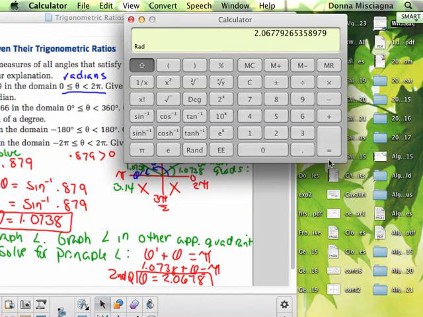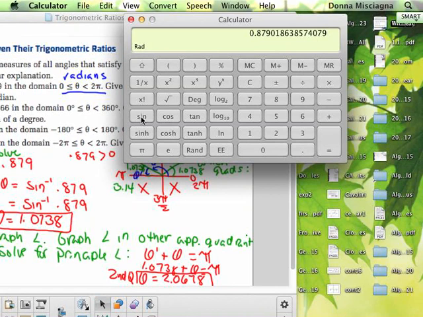actually see what happens if we, so if that's our angle measure, what happens if we take the sine? I'm in radians. Okay, so there's our value of our angle. If we take the sine of that, notice what we get. Well, we should feel darn good because we get 0.879.